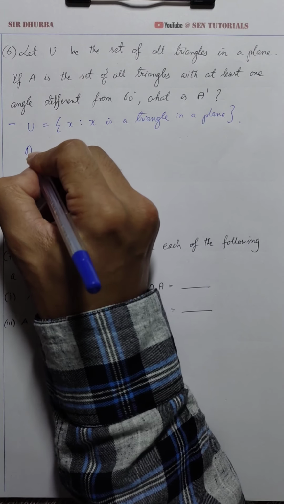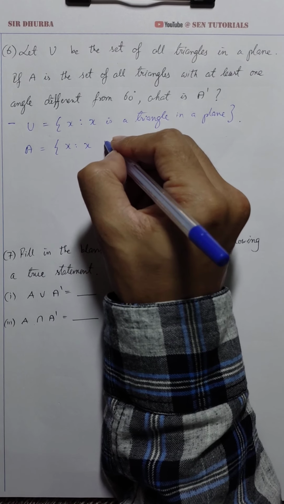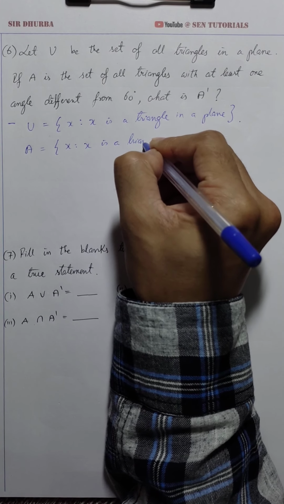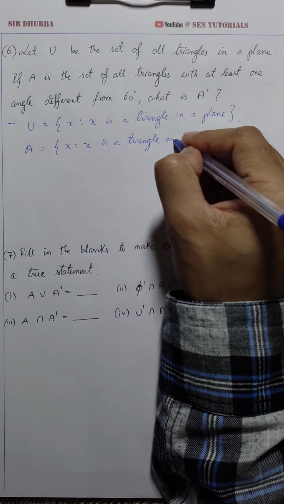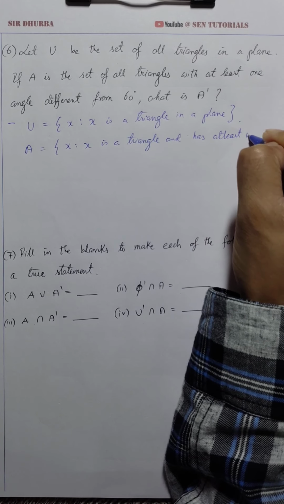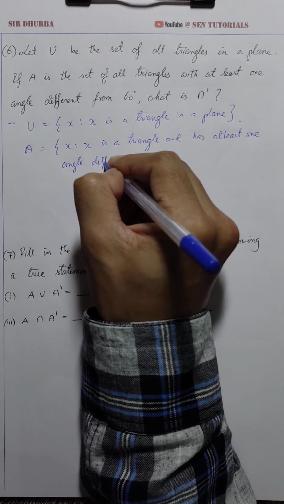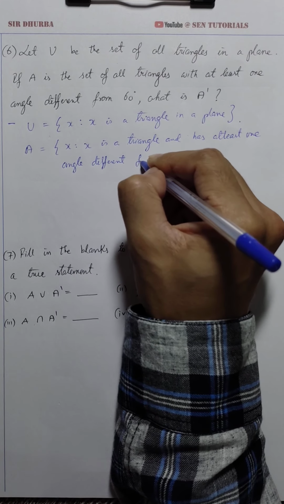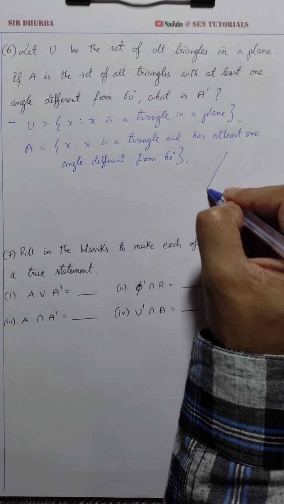If A is the set of triangles, as it is given in the question, and has at least one angle different from 60 degree. At least one.